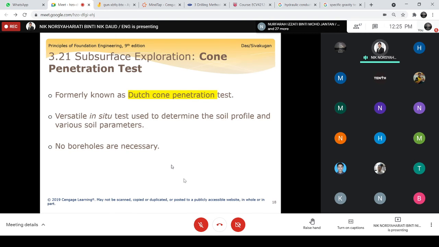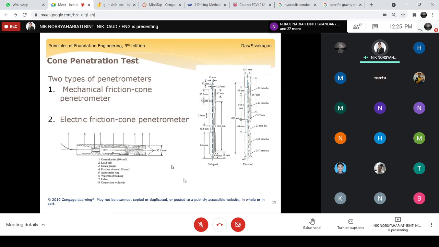So no boreholes are needed; you can simply and straightforwardly use the CPT towards the ground. There are two types: one is the mechanical friction cone penetrometer, and the second is the electric friction cone. We have the mechanical friction cone penetrometer in our lab.